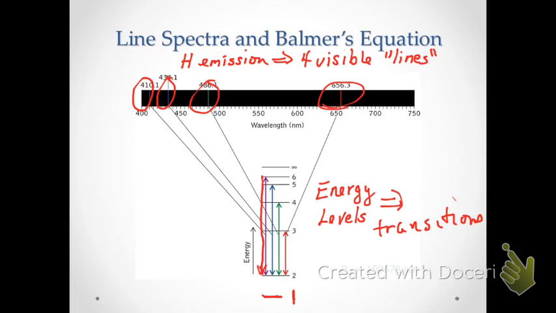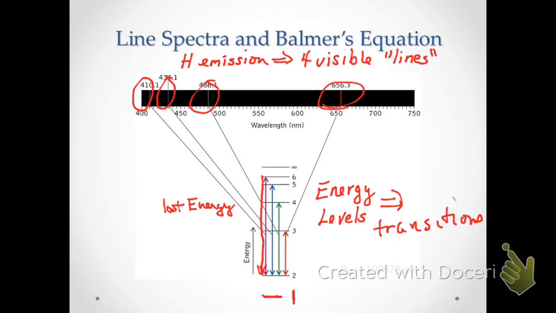Clearly, the electron loses energy when it goes from level 6 to level 2, and that loss of energy gives us the energy of the photon that's emitted.